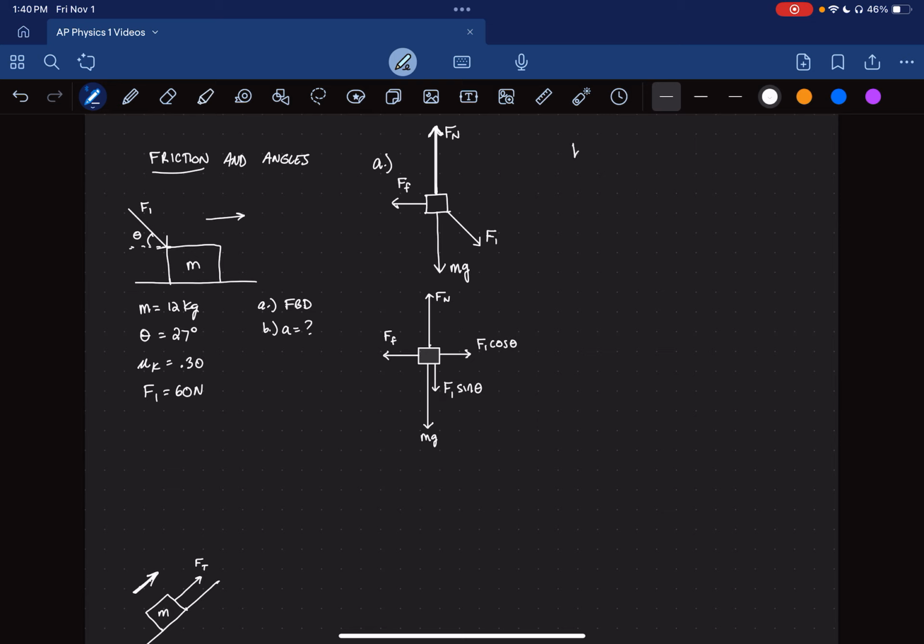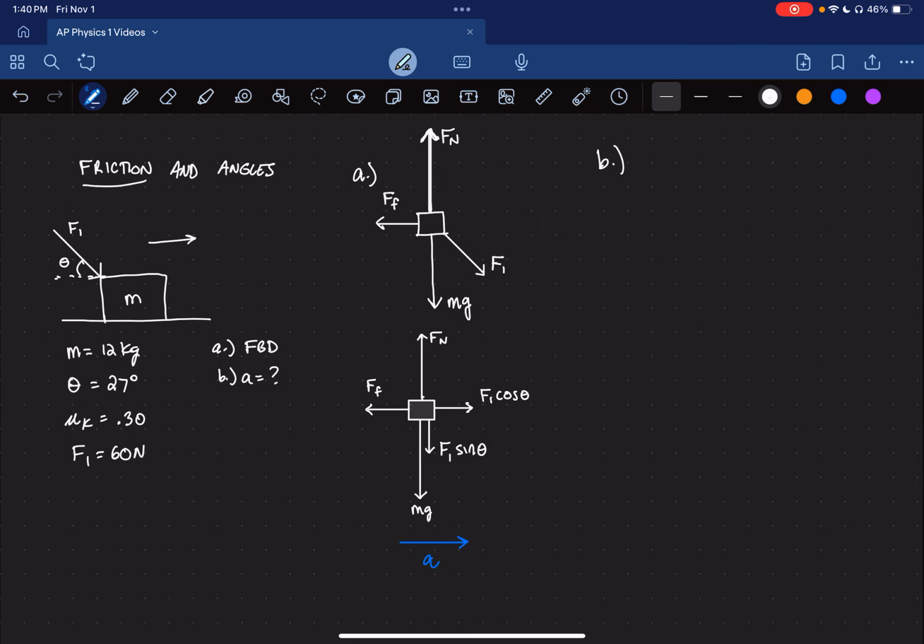And so part B, what is the acceleration of the block? And recall that we said that the block is accelerating to the right. And so we want F1 cosine theta and we want the friction force. We're using this dimension here. There is acceleration. This is F1 cosine theta minus the friction force.